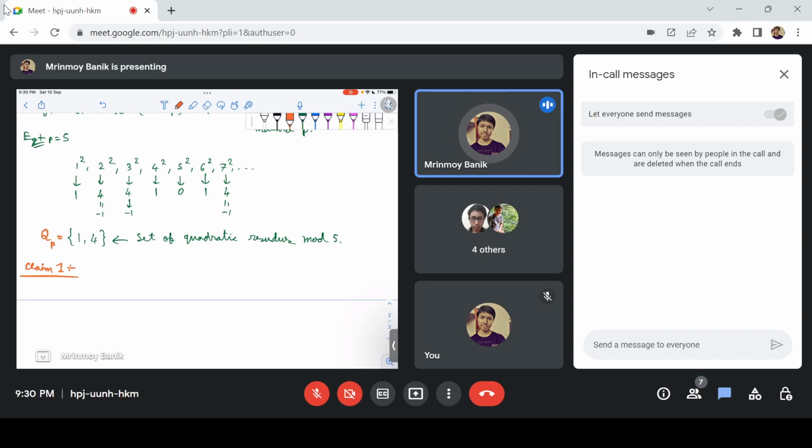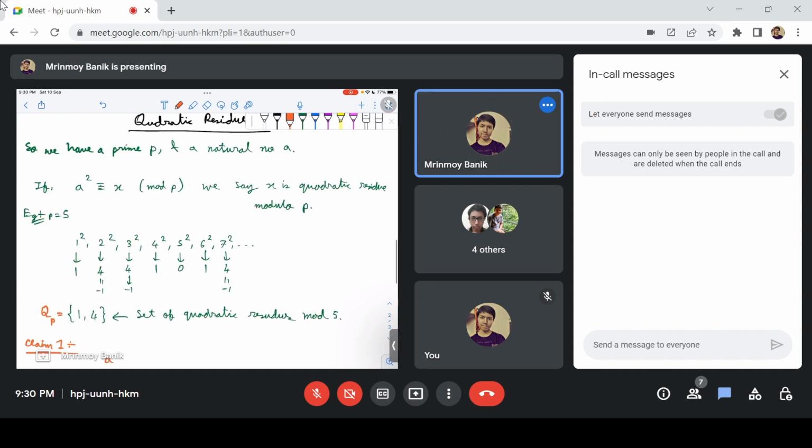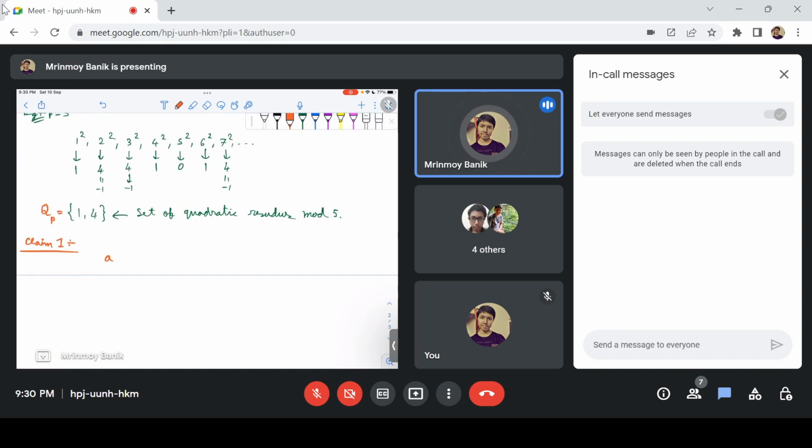So observe that if a squared is congruent to some residue r mod p, then what can we say about r? First observe, what can we say about p minus a?